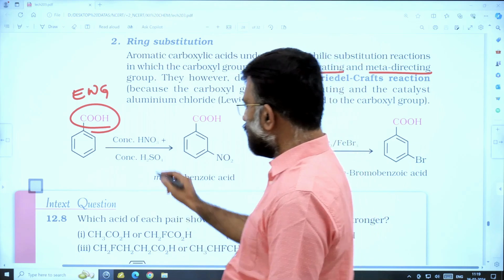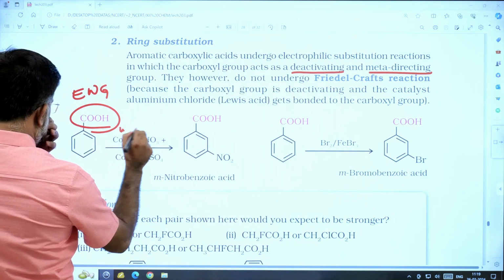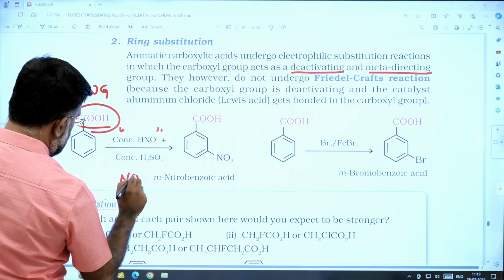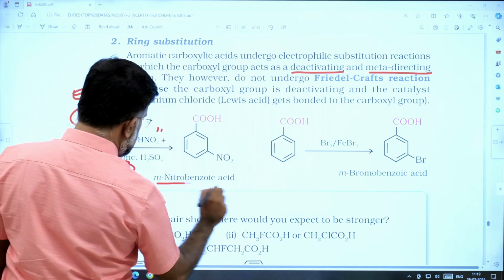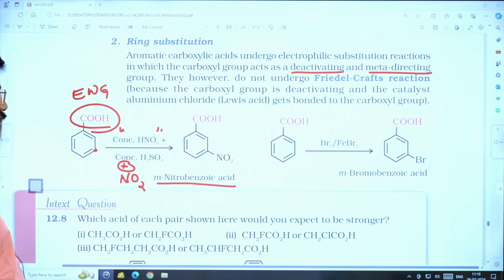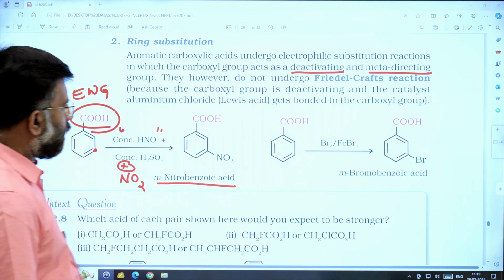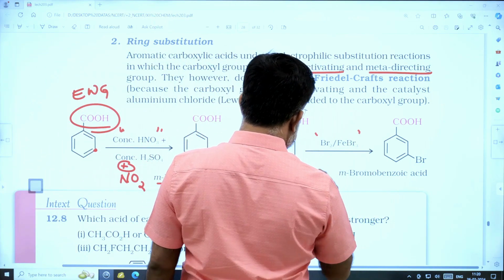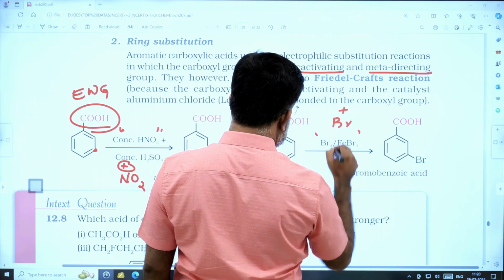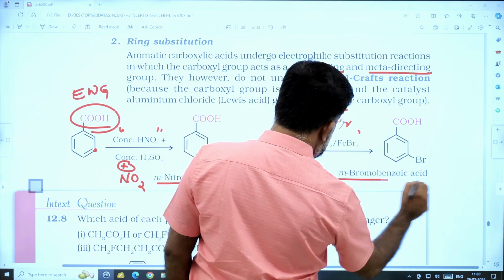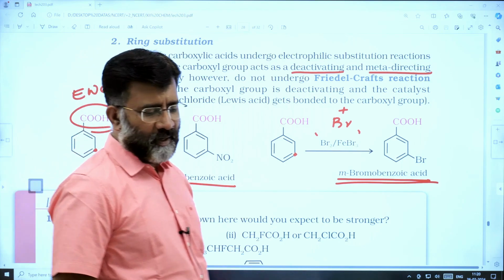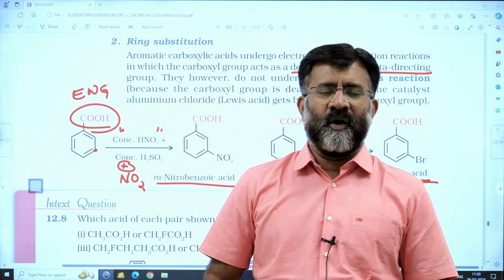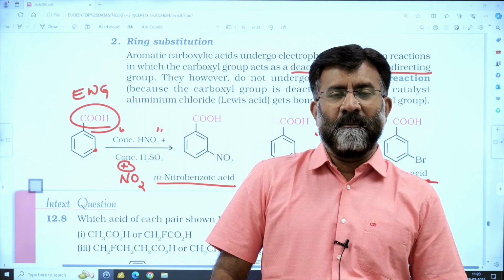When treated for nitration, you get NO2 plus, which attacks at the meta position. You get meta-nitrobenzoic acid. In halogenation, you get Br plus, and the halogen comes at the meta position, giving meta-bromobenzoic acid. So in the aromatic electrophilic substitution reaction of benzoic acid, you get a meta product.